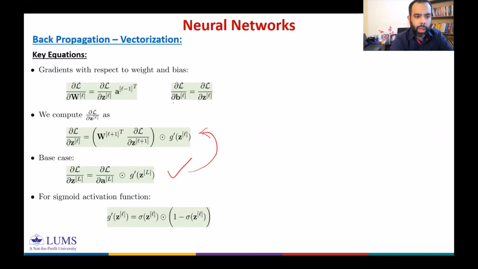And when we multiply this with AL minus 1 or use it as it is, we can compute partial derivative of the loss function with respect to weight and with respect to bias, or the contribution of weights towards the loss function, right? So we stop here. So that was about neural networks.